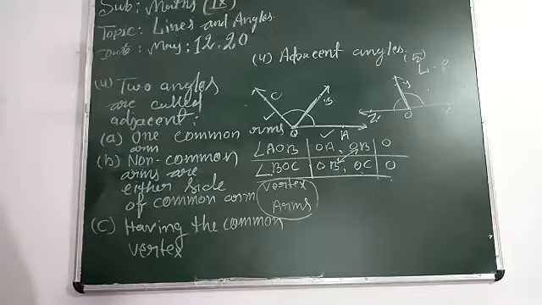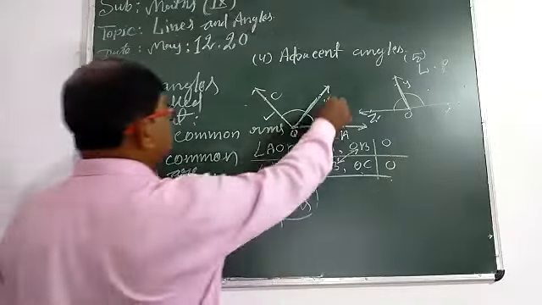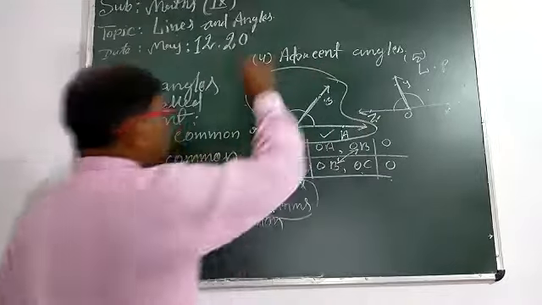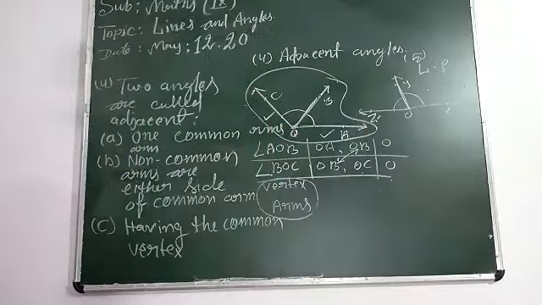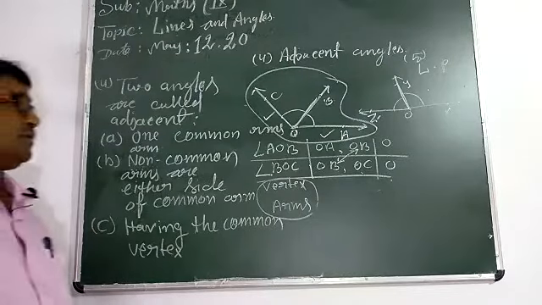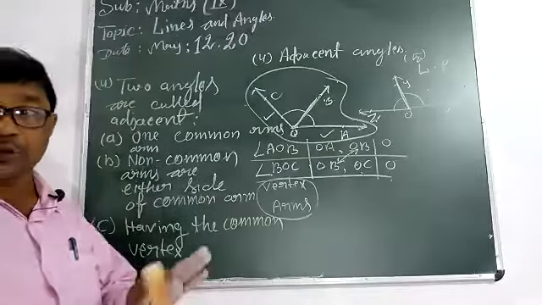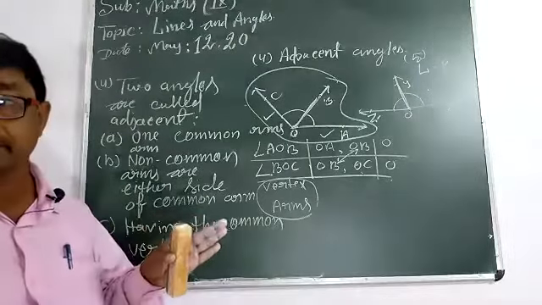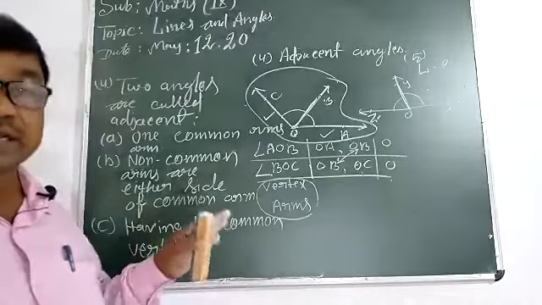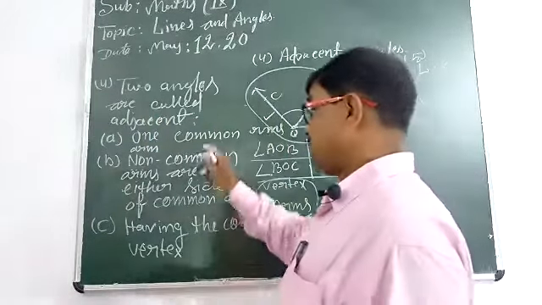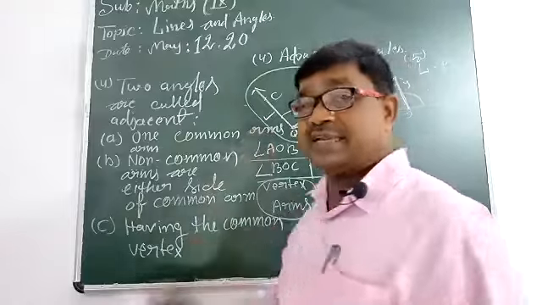This type of pair is called adjacent. Understood now? What do you mean by a pair of adjacent angles? Try to understand the condition of adjacent.